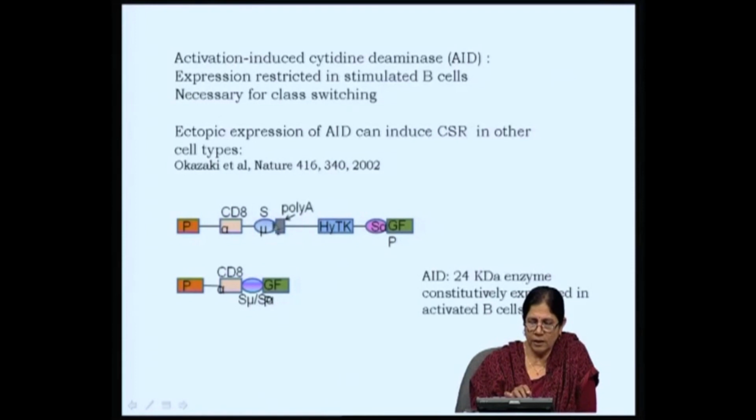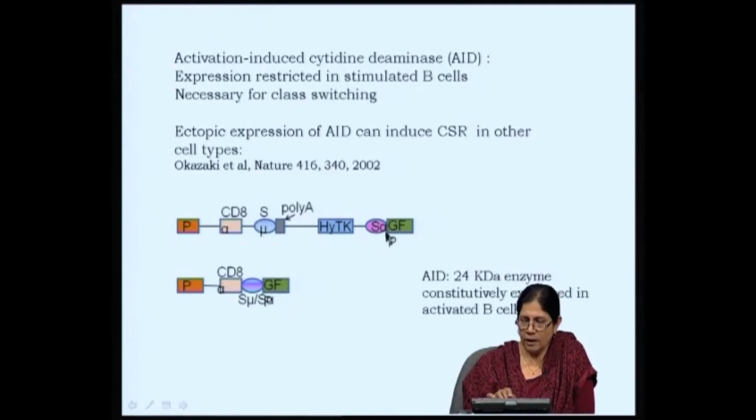Now, there are two switch regions, S mu for the heavy chain of IgM, and the switch region for alpha. There is a polyadenylation signal which is on the 3' side of the C mu. Now, after the S alpha, there is GFP, that is, a gene coding for green fluorescent protein.